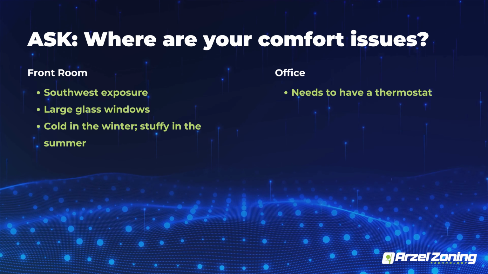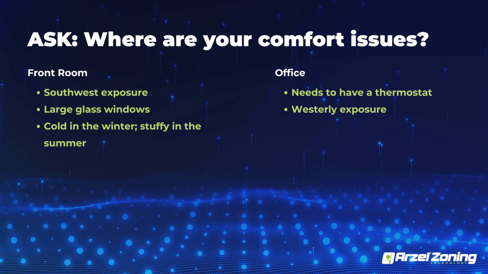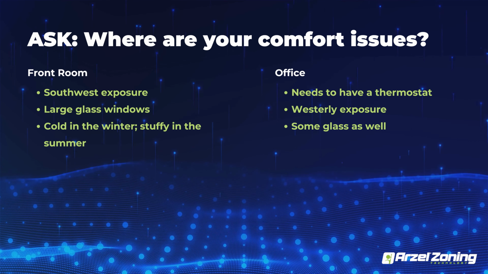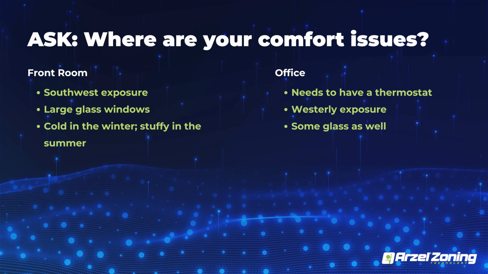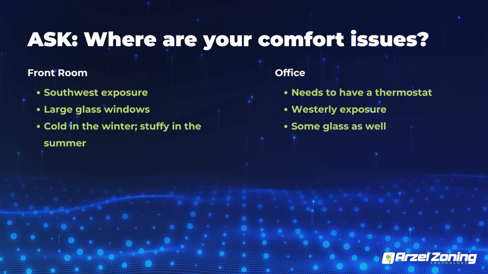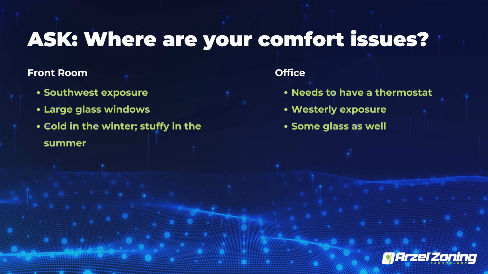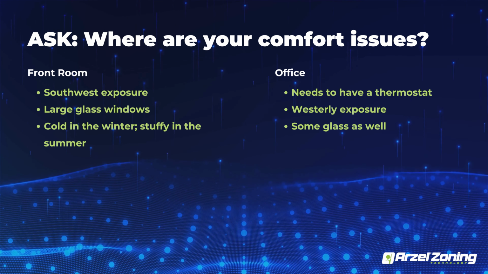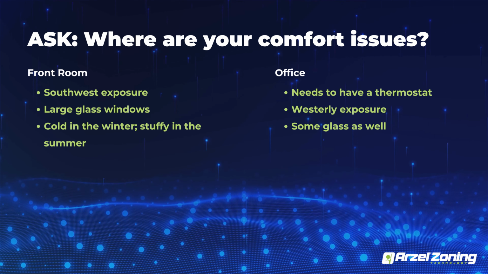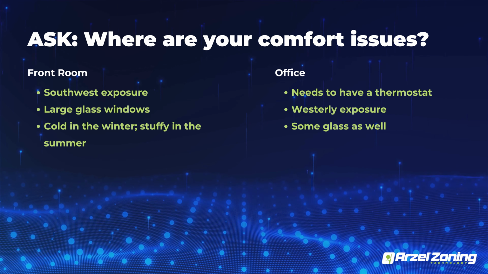Now, that office had westerly exposure, had a fair amount of glass in it as well. I wasn't sure using the slave zone was going to be a great answer because you can't turn on the equipment. It wasn't going to be a small over conditioning area. It's a small under conditioning area. I need to be able to provide BTUs there. How am I going to do this?